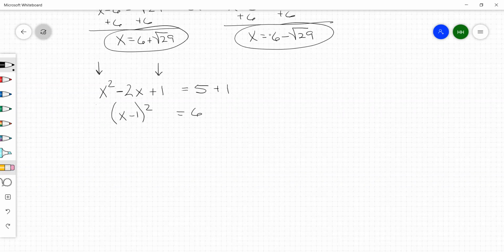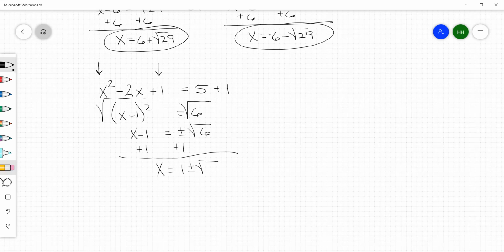If you find the square root of both sides, then your x minus 1 is equal to positive or negative radical 6. If you add 1 to each side, your x is equal to 1 plus or minus the square root of 6.